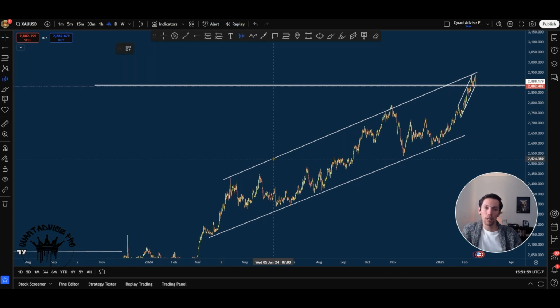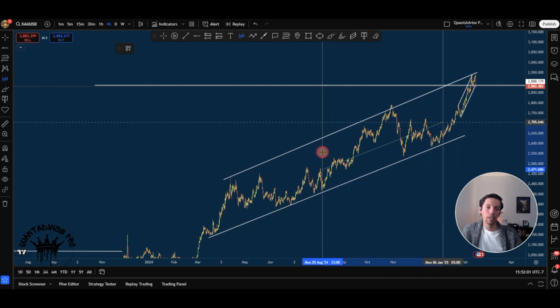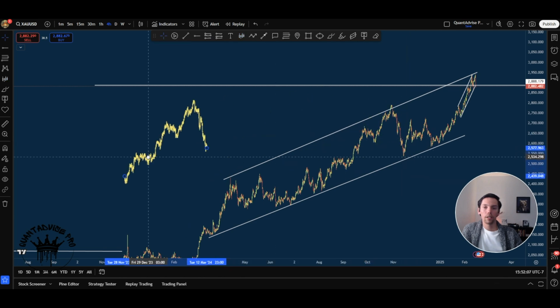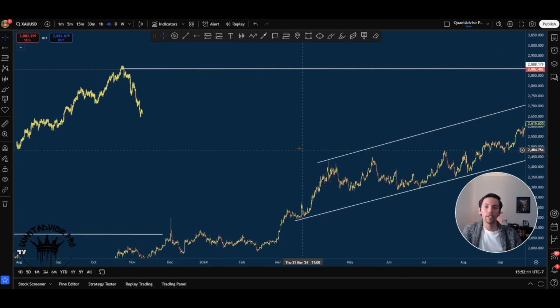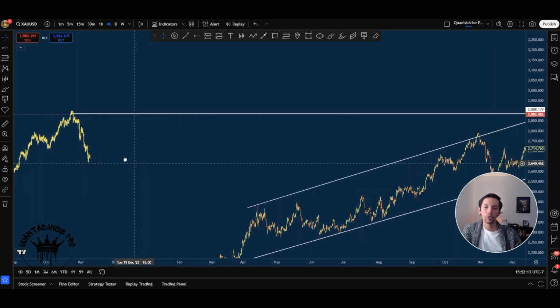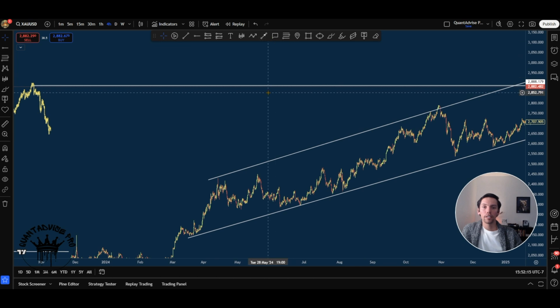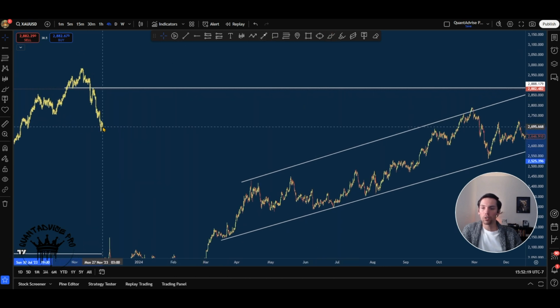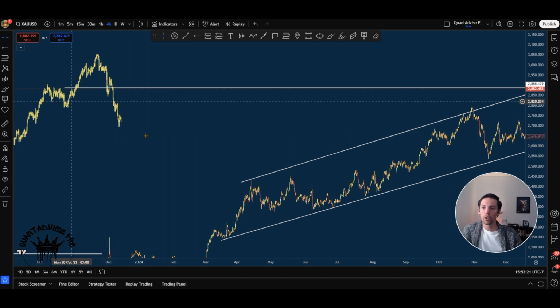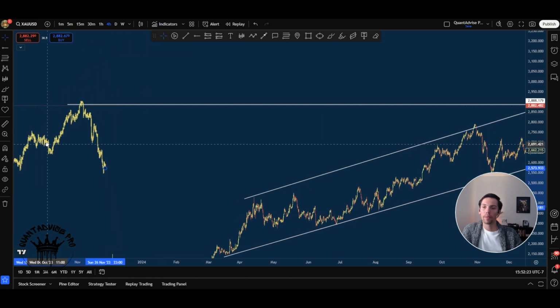Let me grab some price action and then I'll throw it over here like this. Now, if we had price action like this on the top side where we got this steep rejection and price continued downwards like this for a much longer period of time.